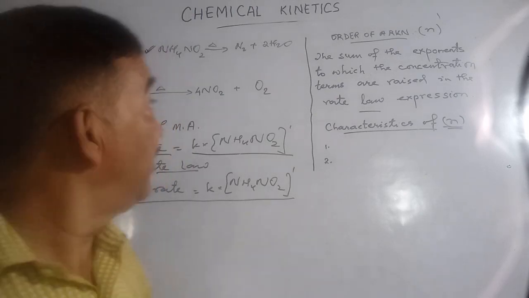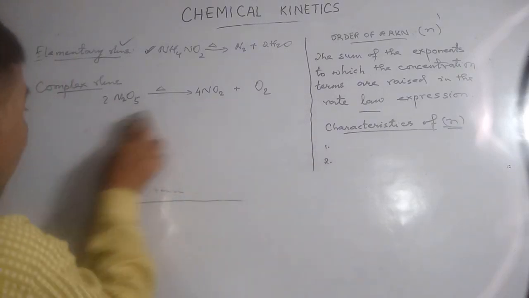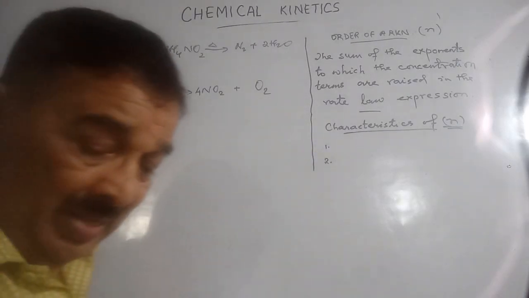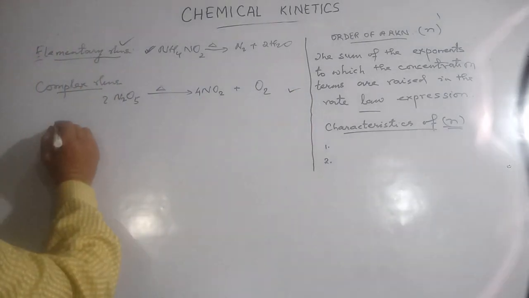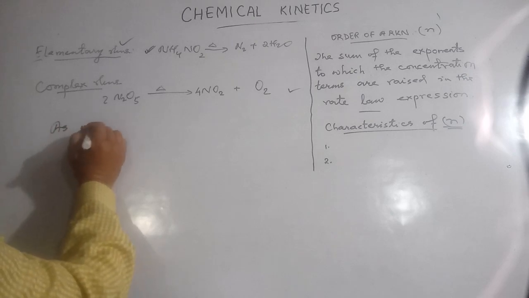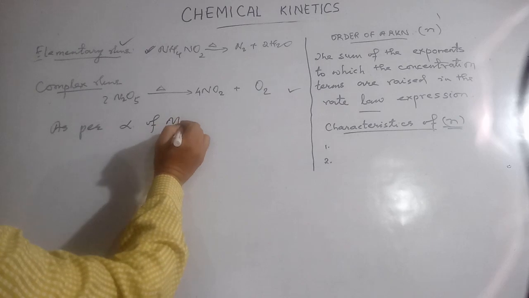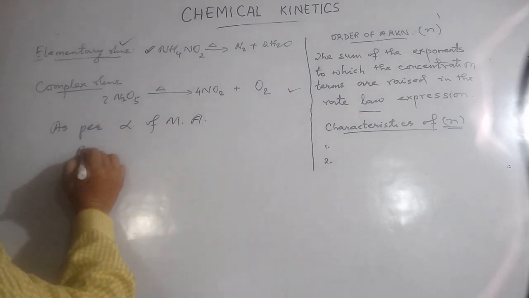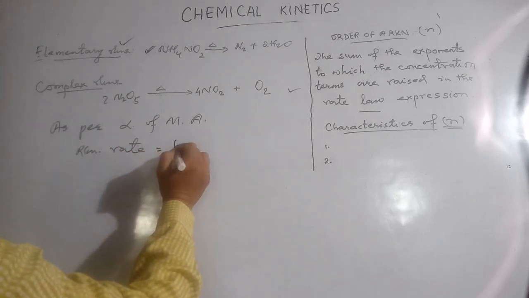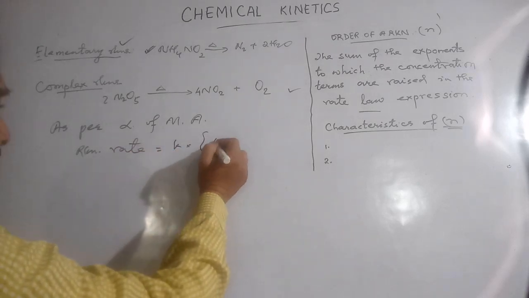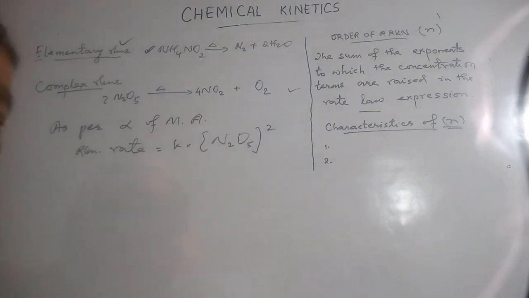Now let's go for complex reactions. For complex reactions like this, as per the law of mass action, the reaction rate is equal to K into the molar concentration of N2O5 to the power 2.